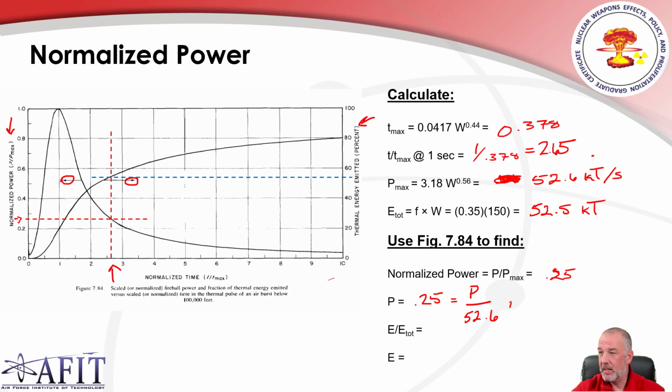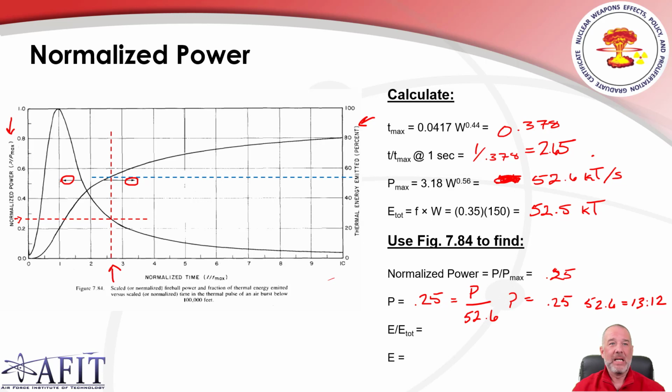So therefore P is going to be equal to 0.25 times 52.6, which is going to be equal to 13.12. And that's, of course, in kilotons per second. So that is our instantaneous power output at 1 second.